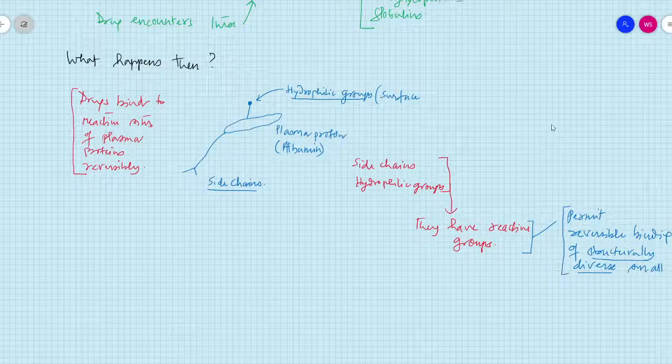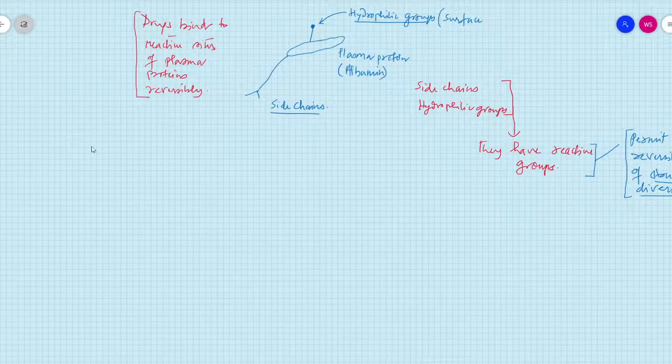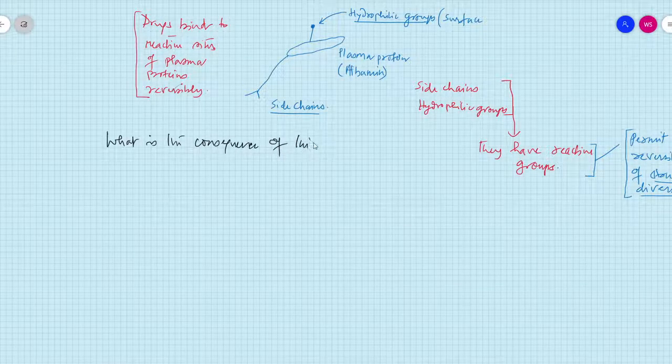So let's ask ourselves the next question: what is the consequence of this reversible binding? What happens when the drug undergoes this reversible binding?